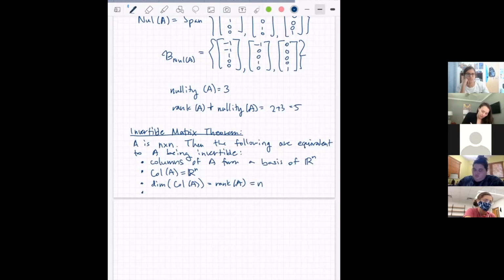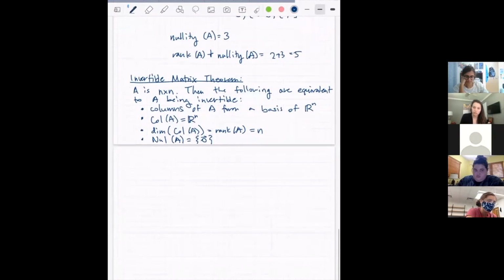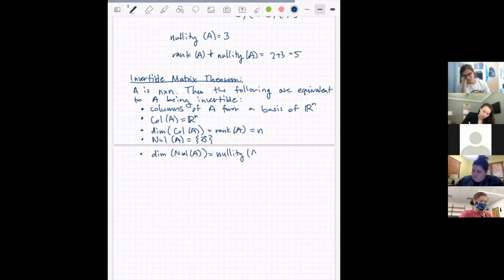And then that's equivalent to saying the null space of A is trivial. So it's the subspace that just contains the zero vector. And lastly, that's equivalent to the dimension of the null space being 0, which is just the nullity of A. Right?